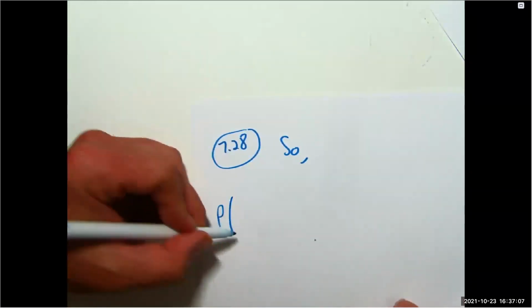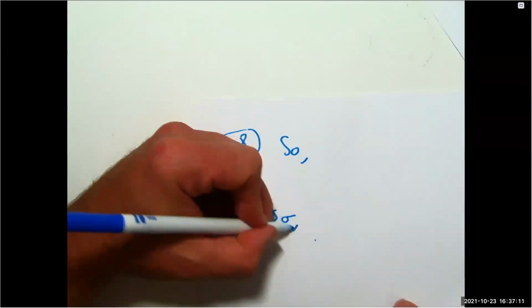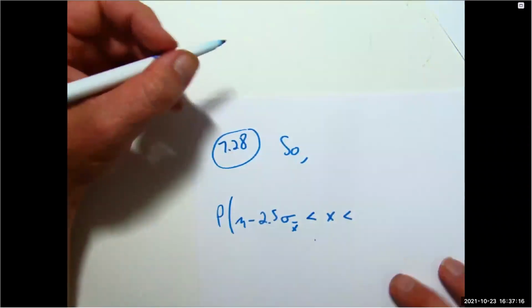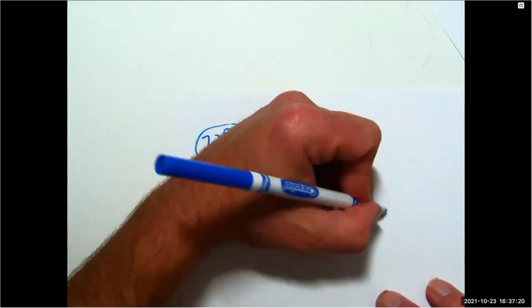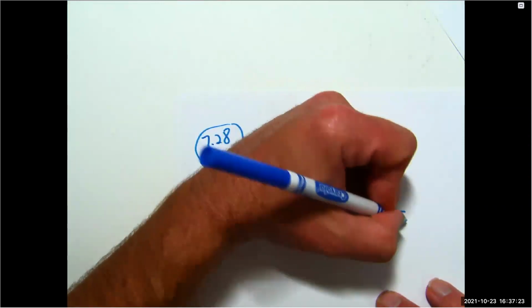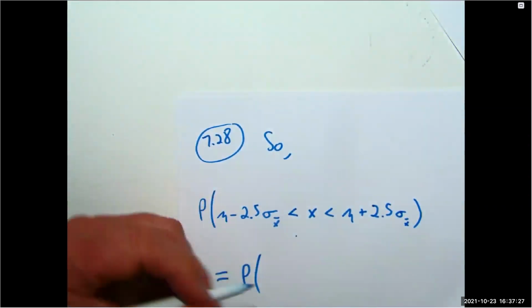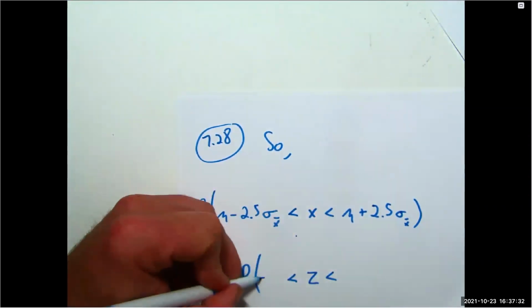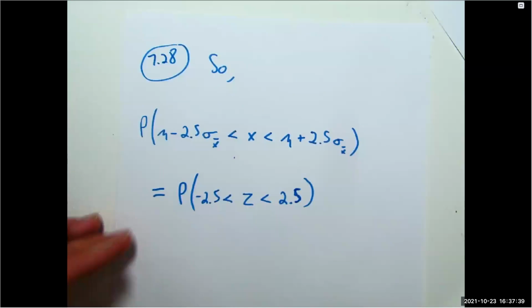So the probability that x bar is between those two boundaries, mu minus 2.5 sigma x bar and mu plus 2.5 sigma x bar, is just equal to the probability that z is between negative 2.5 and 2.5. I have to work on writing my fives here.